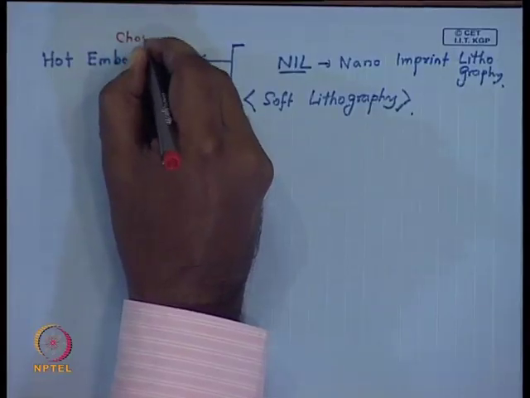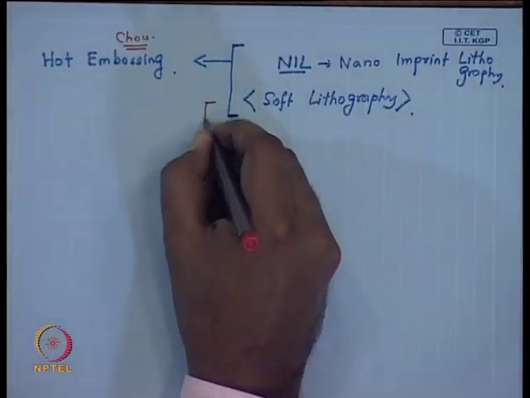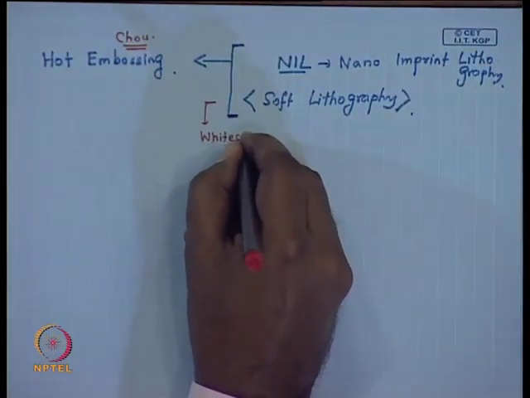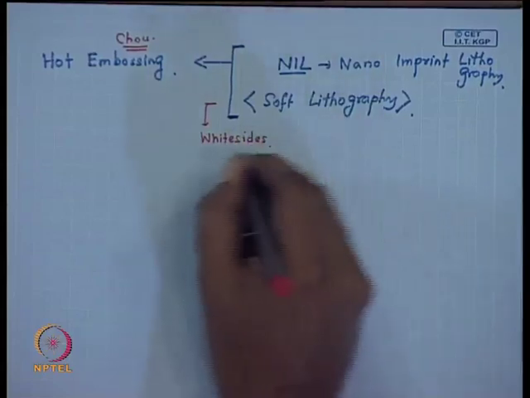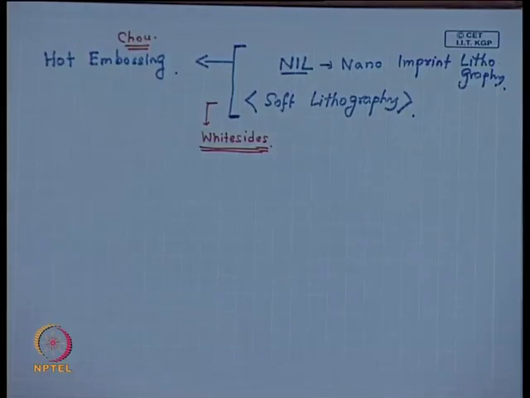These group of techniques were pioneered by two great scientists, Stephen Chou at Princeton, who pioneered the concept of nano imprint lithography, and George Whitesides at Harvard, who came up with his amazing concept of soft lithography.